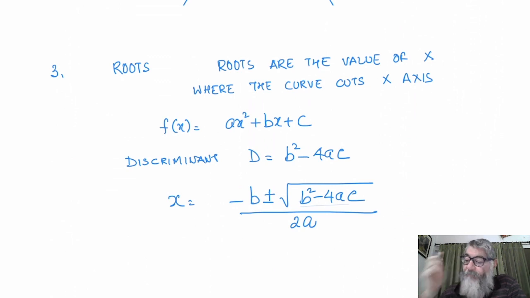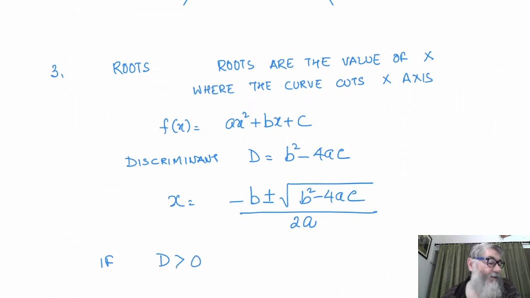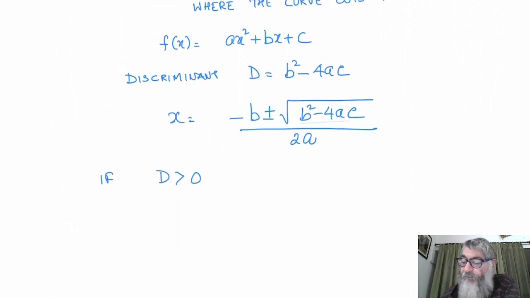So let us see, if D is greater than 0, that means the discriminant is positive. If the discriminant is positive, then there will be a possibility of two distinct roots.